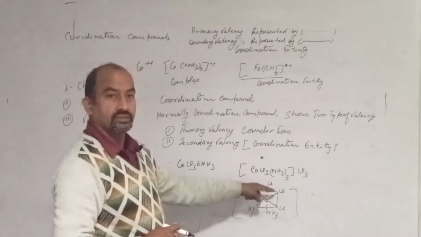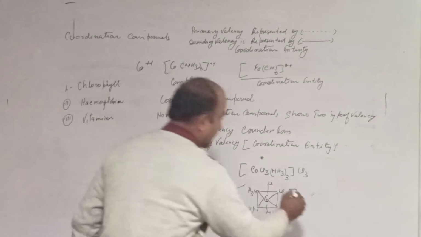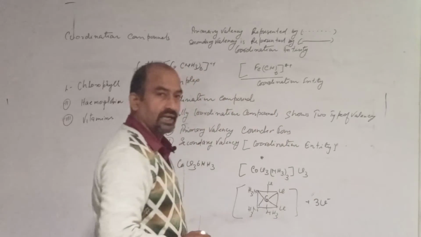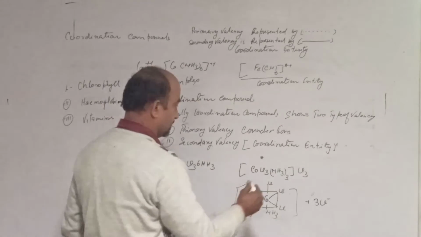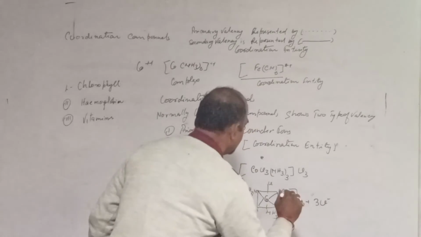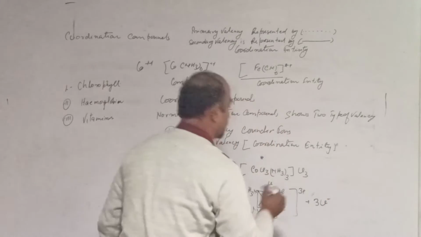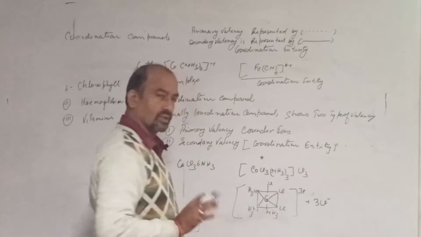These all are secondary valency, and these 3 ions show primary valency. Okay.